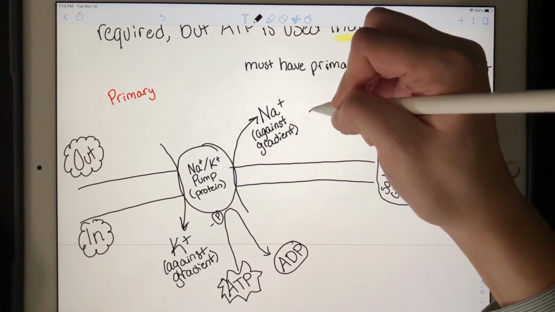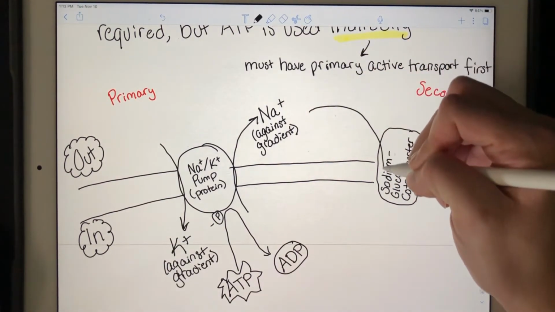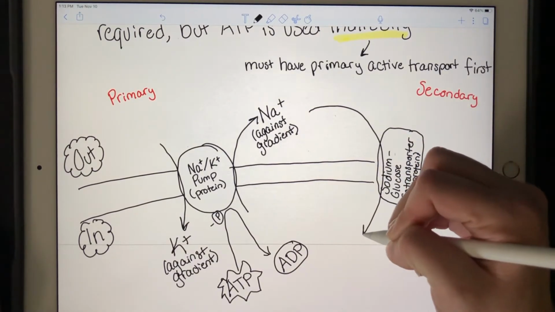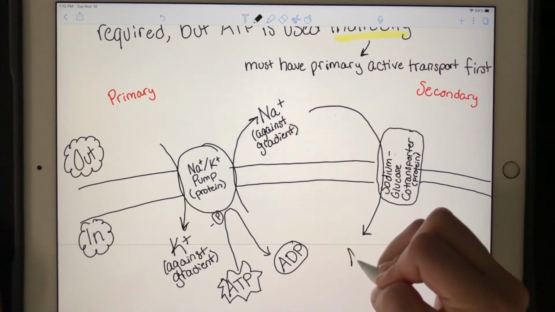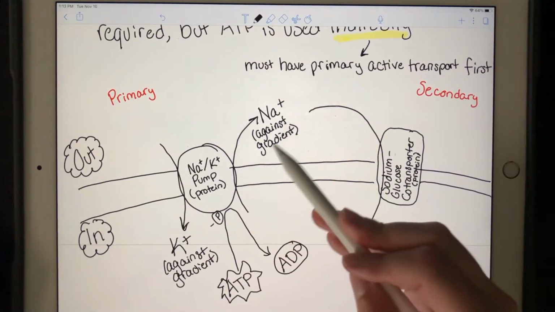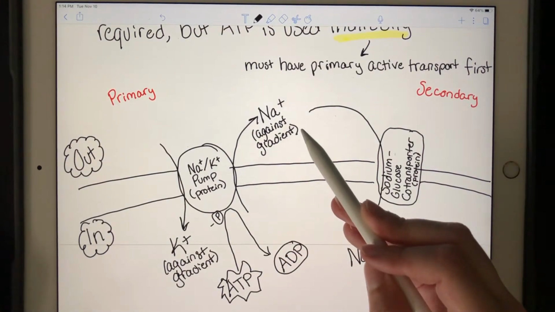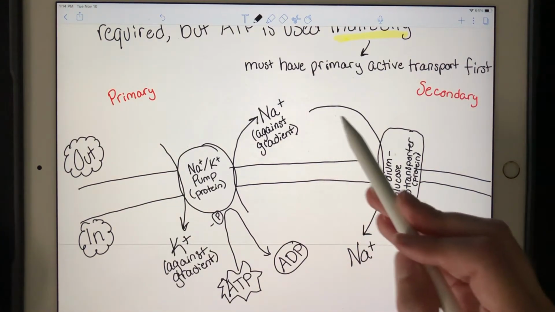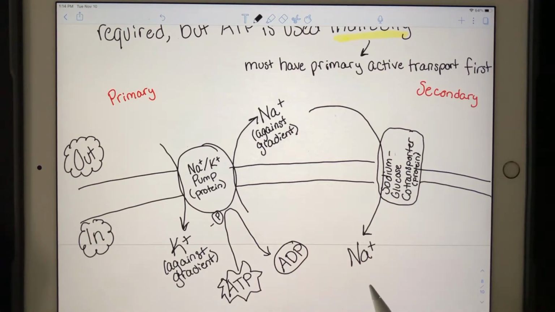So with this, sodium moves back into the cell, and because we forced it out here using energy, it's going to already want to come back in.